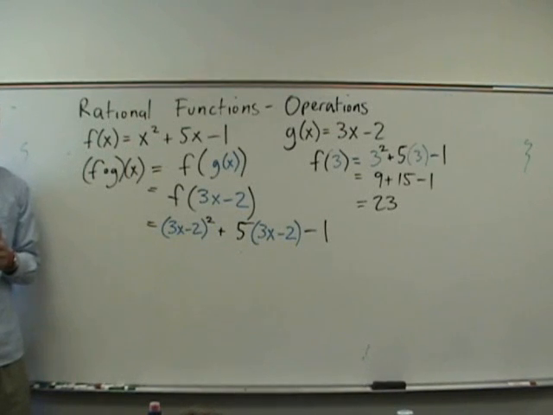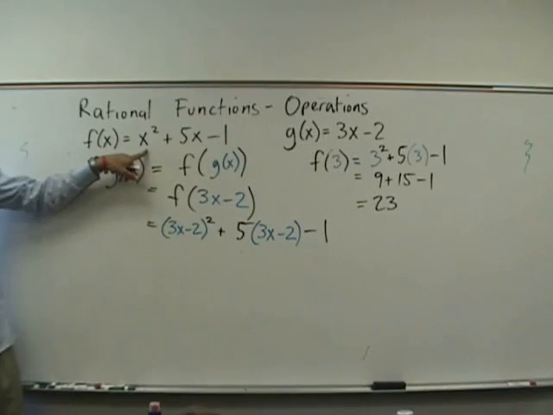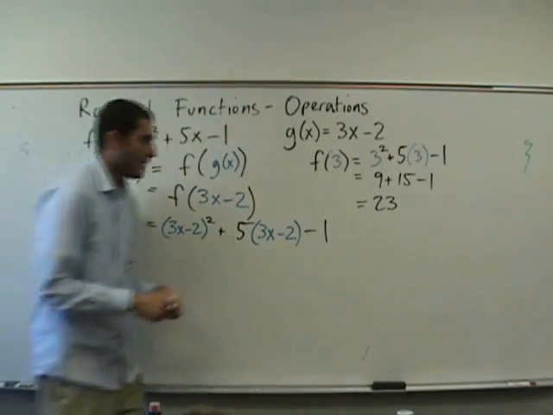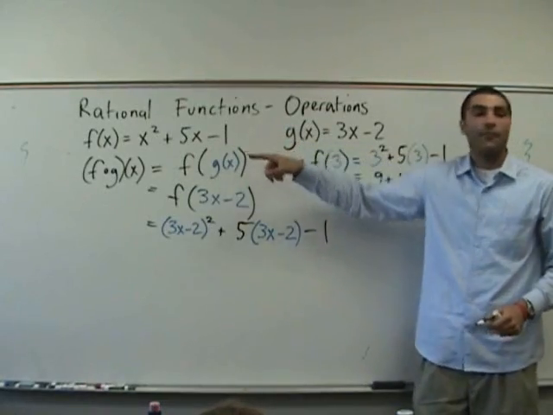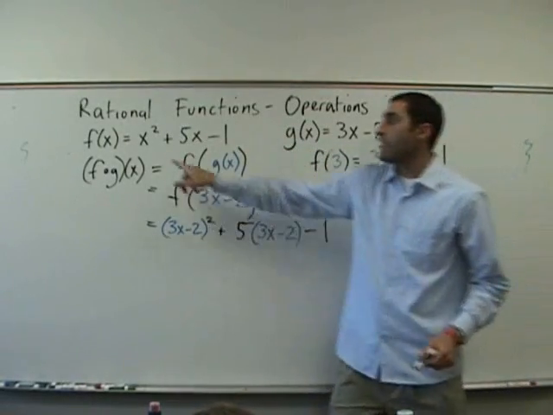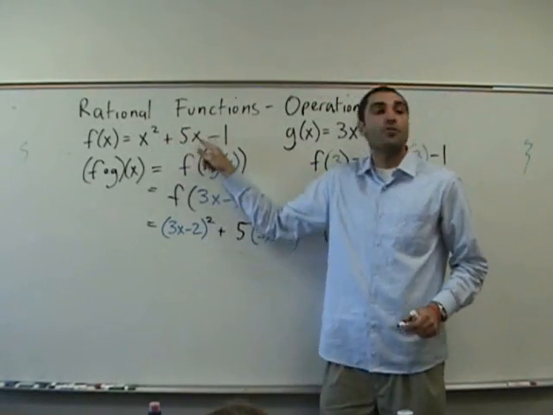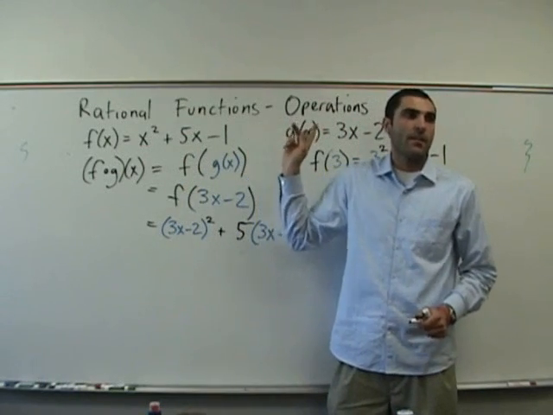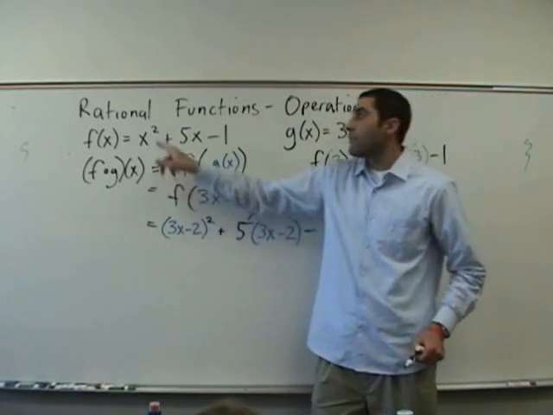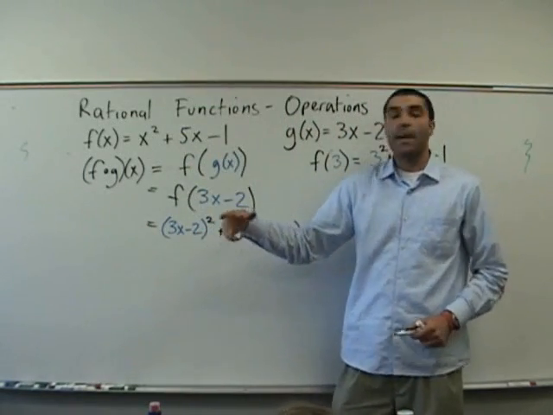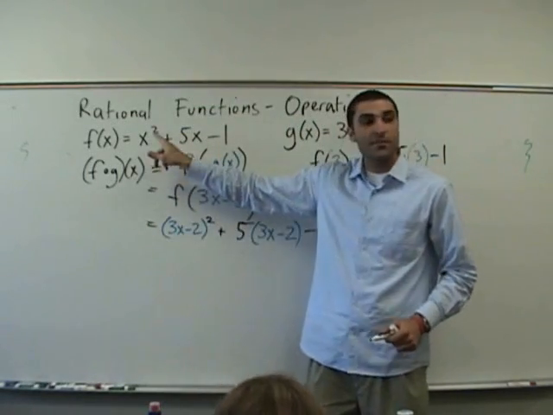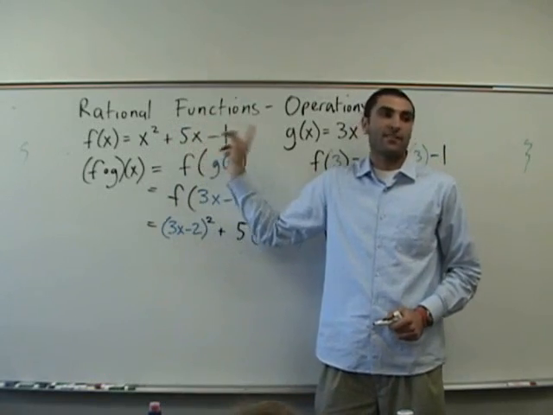Questions? Could you go over it one more time? Yes. Notice this is f of x. See the f of x equation? Now what if I said f of 2? You would say 2 squared plus 5 times 2 minus 1. What if I said f of 3? 3 squared plus 5 times 3 minus 1. What if I said f of banana? You'd say banana squared plus 5 times banana minus 1.